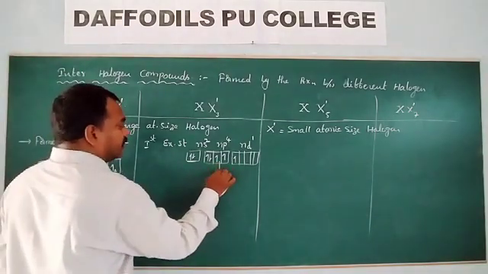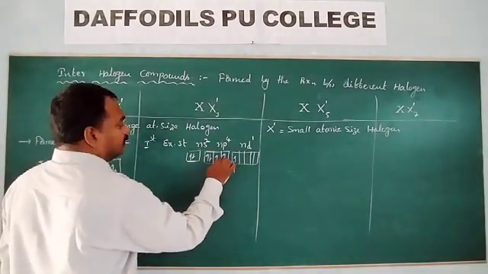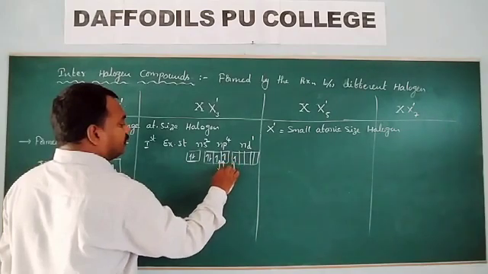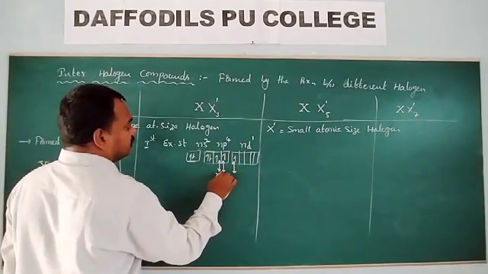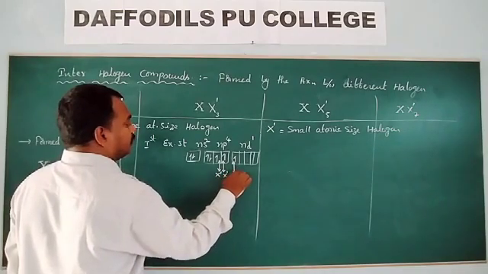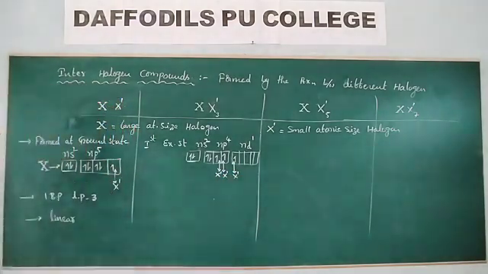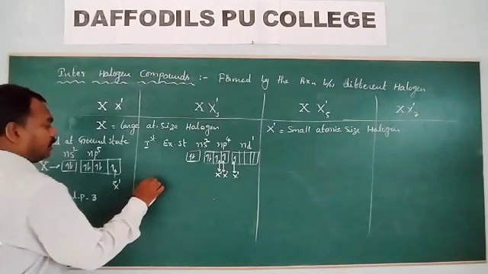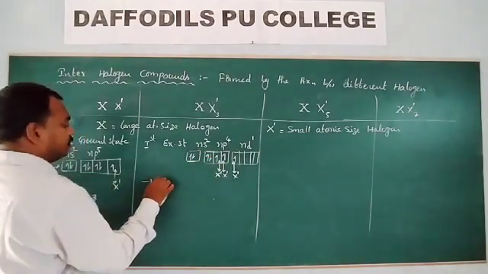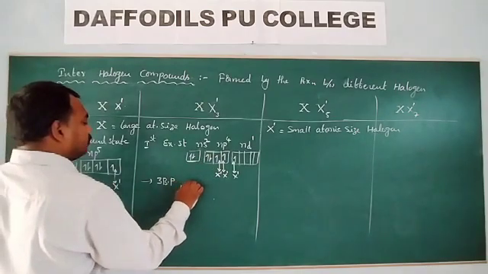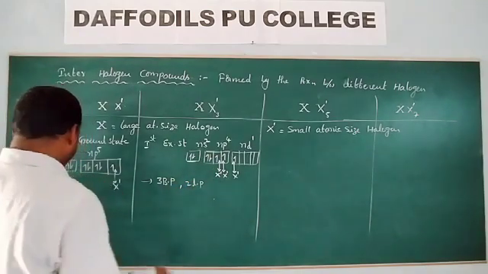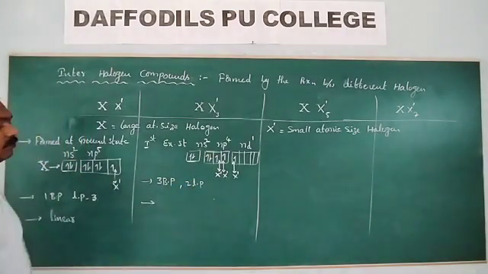So how many unpaired electrons are there? 3 unpaired electrons are there. These 3 unpaired electrons are going to bond with another halogen, and that halogen is X dash. Now look at how many bond pairs are there. 3 bond pairs. How many lone pairs? 2 lone pairs.